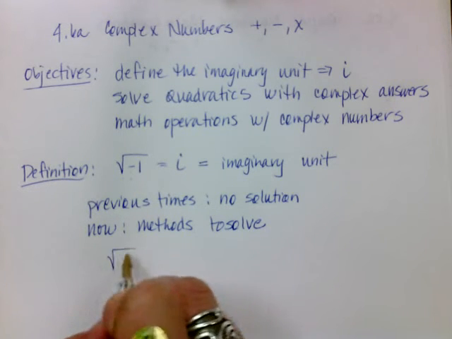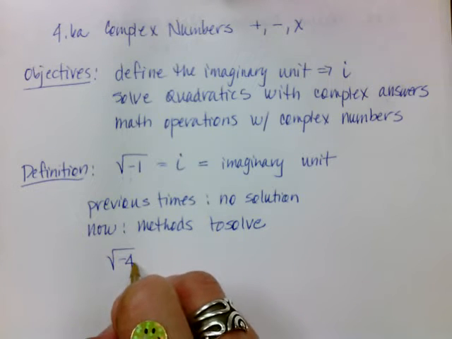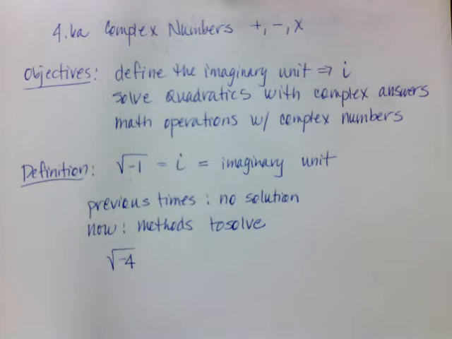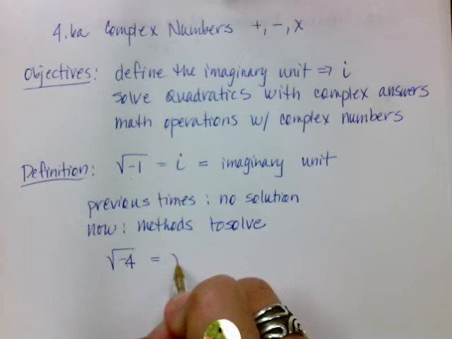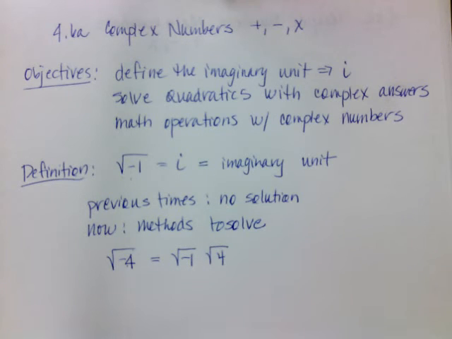So the way that we do it, if I have, let's say I'll make this a negative, the square root of -4. So this is the radical of -4. I can rewrite the radical as the square root of -1 times the square root of 4. Okay?